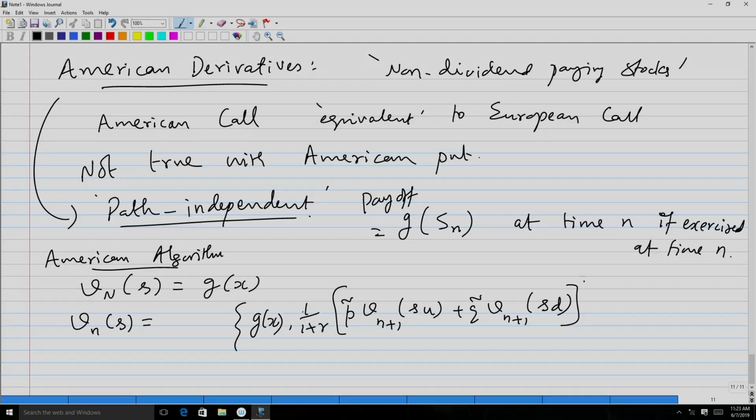You need g of s. So, V n should be at least g of s, and V n should be at least this much. So, that suggests that this quantity be the maximum of these two, for n minus 1 and all the way up to 0, right.